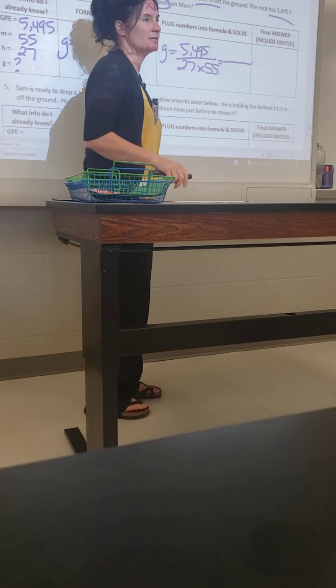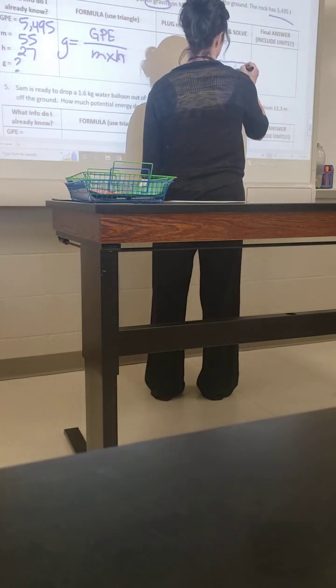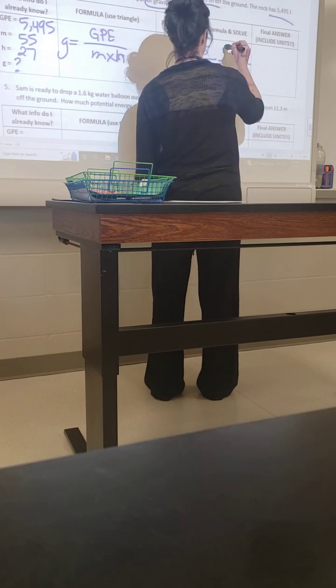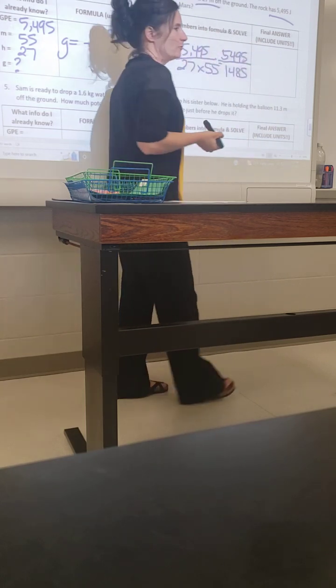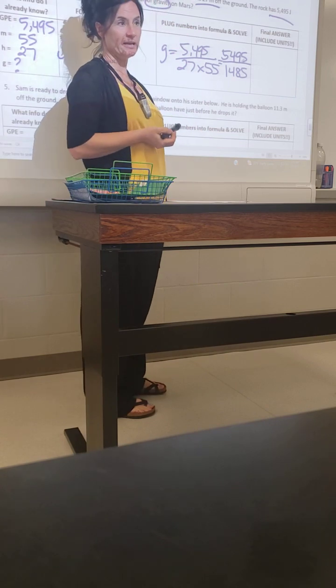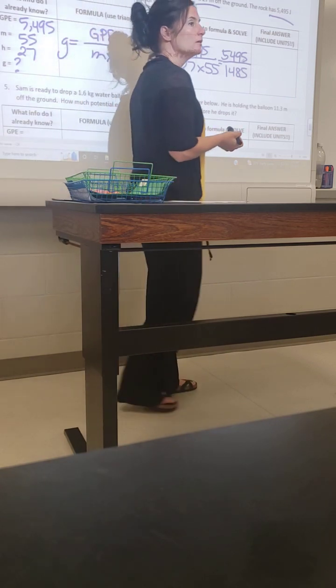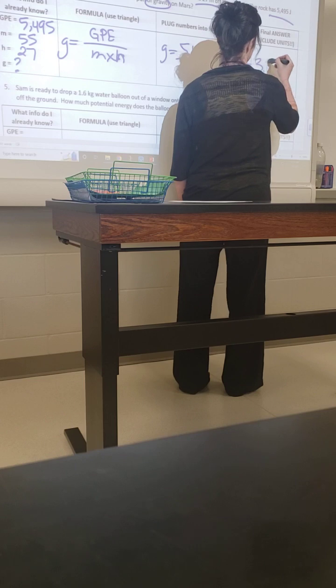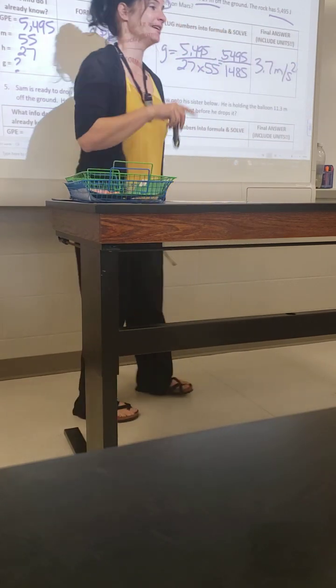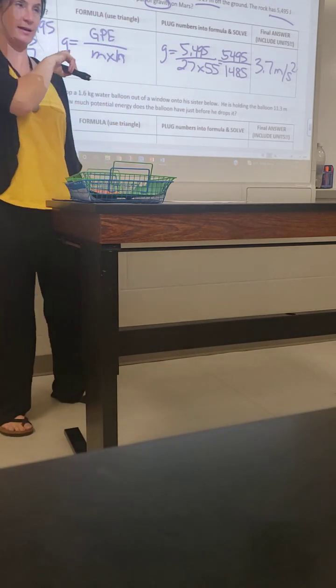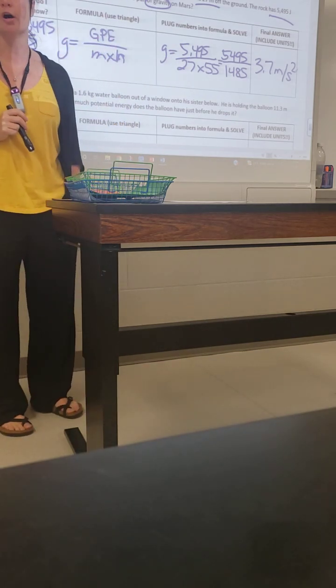What is 27 times 55? 1,485. 1,485, and now we divide, right? 5495 divided by 1485. Good. And that is actual. I didn't make a mistake on that. That is the actual gravitational pull on Mars.